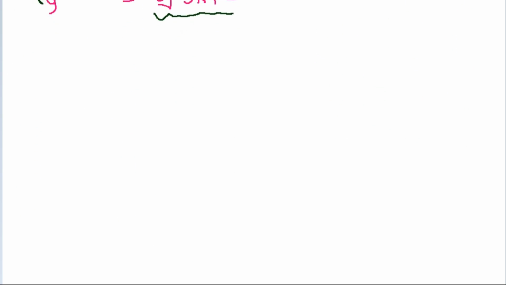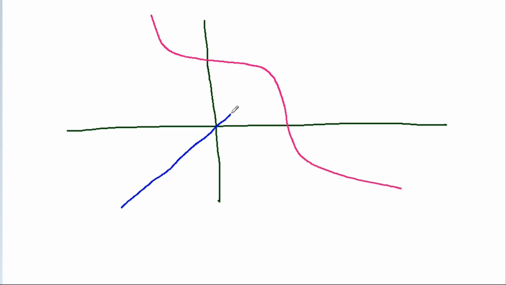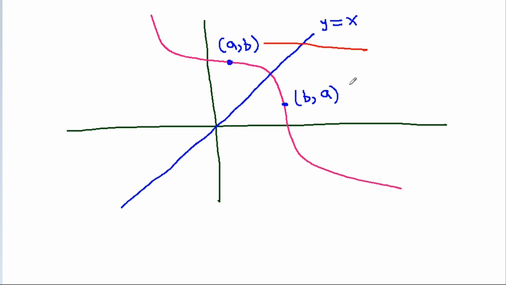And for any function, if it is symmetric about the line y is equal to x, that means if (a, b) is on the graph and (b, a) is also on the graph, then we say that these two are the solutions of f(x) is equal to f inverse of x.